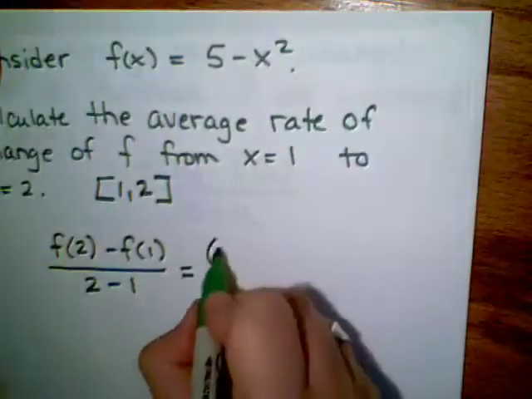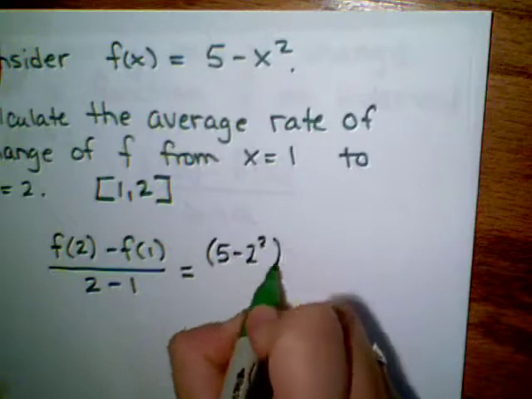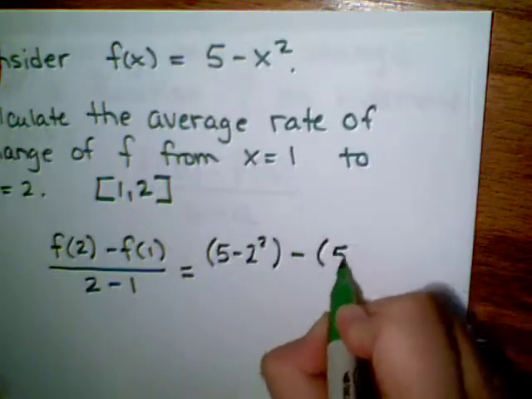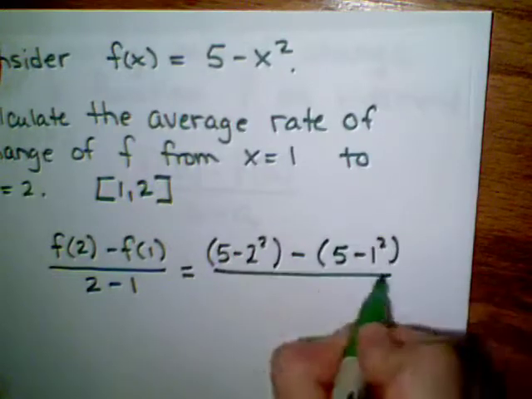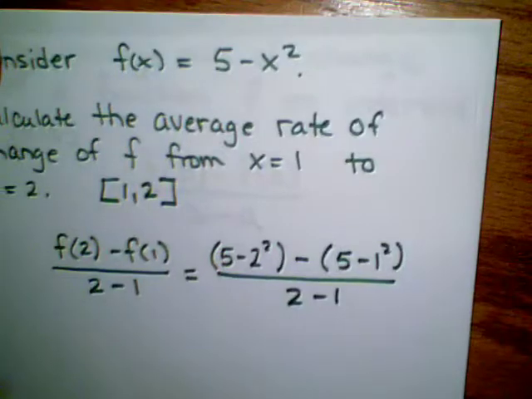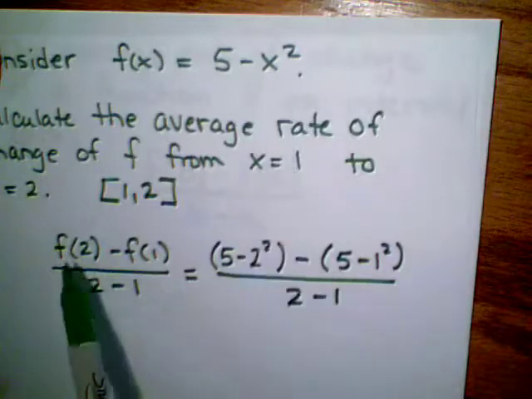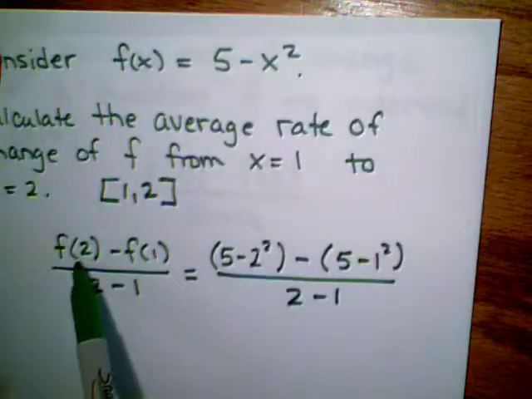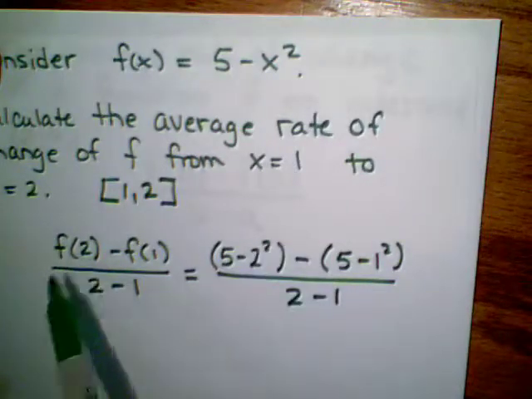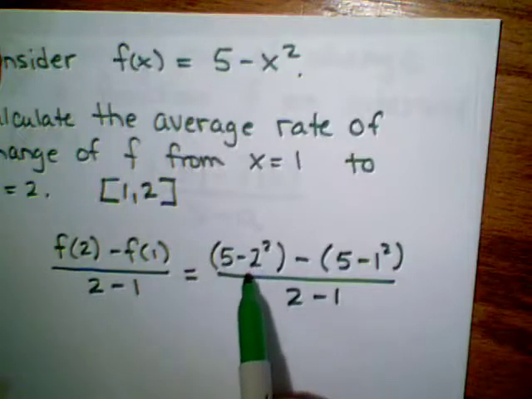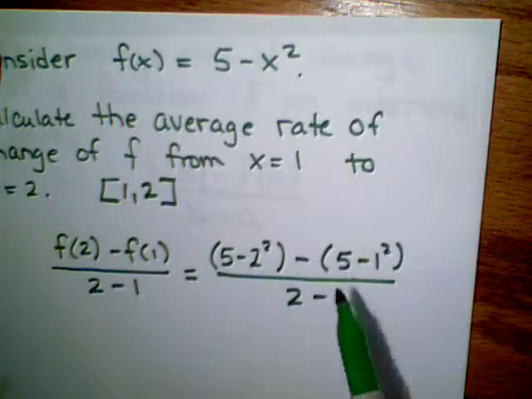So we're going to need to calculate 5 minus 2 squared, and then take away 5 minus 1 squared in the numerator. Everywhere there was an x in this function, we replaced it with the input, first 2, then 1. So 5 minus x squared became 5 minus 2 squared, and then we took away 5 minus 1 squared.